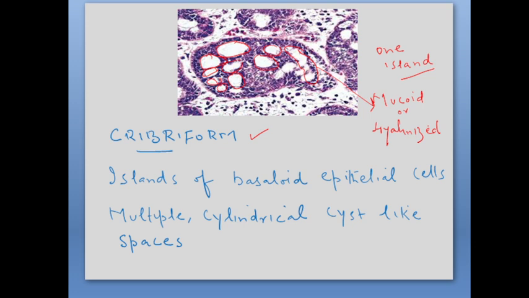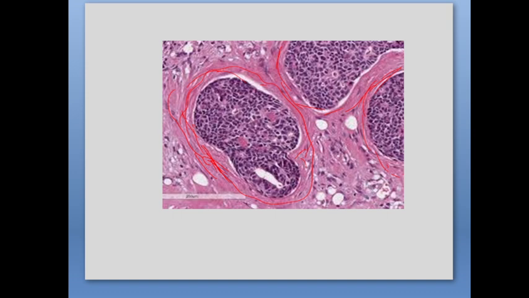These cyst-like spaces are many in number and contain mucoid material. This appearance is also called sieve-like appearance, and it is also called Swiss cheese pattern. Individual islands sometimes are covered by prominent hyalinized stroma.